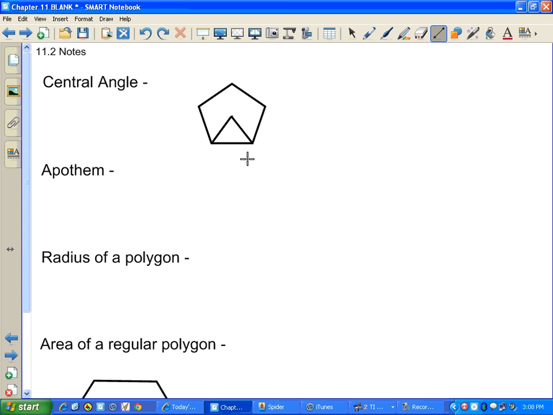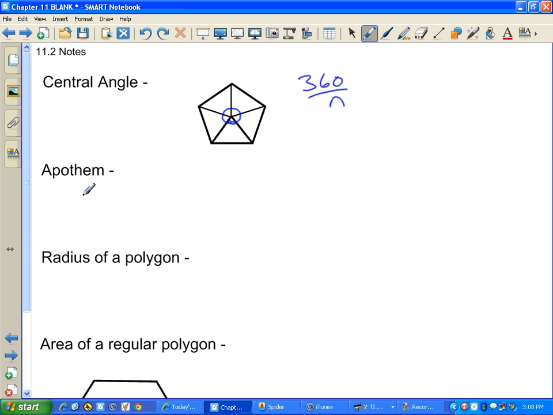Okay, so this would be my central angle. And if I put all my central angles in, I can figure out how much each one would be. Because now I've made 1, 2, 3, 4, 5 central angles, and together they make a full circle. So the central angle is 360 divided by the number of sides.